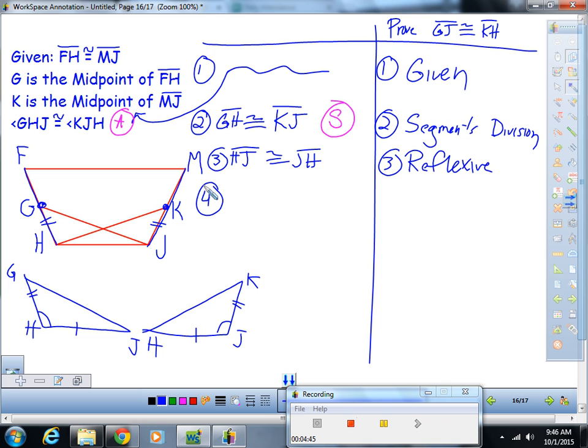Okay, now I can say that triangle GHJ is congruent to triangle KJH. And that is SAS postulate.